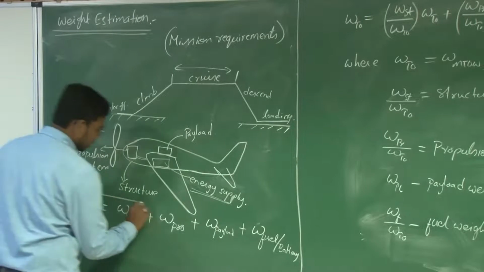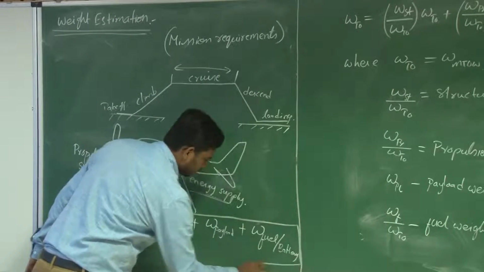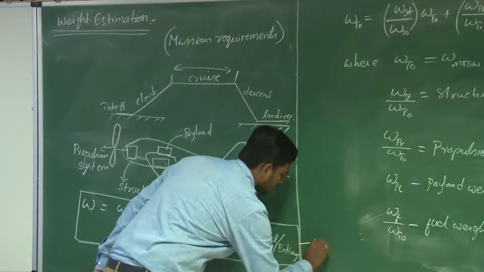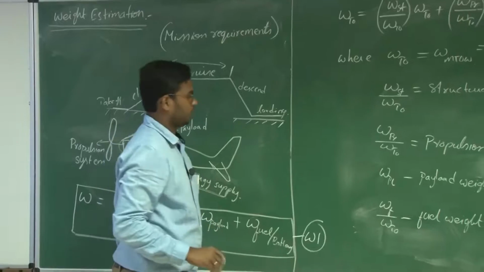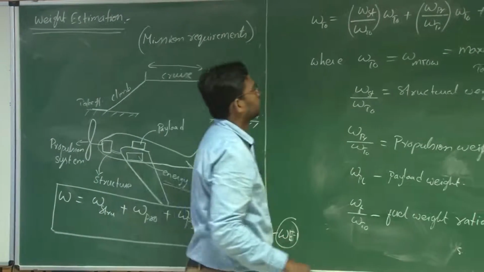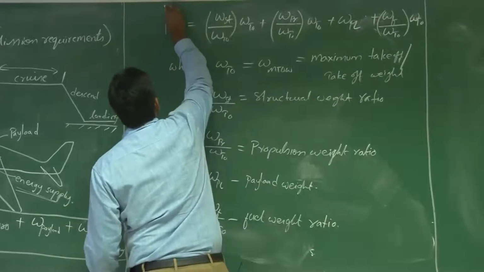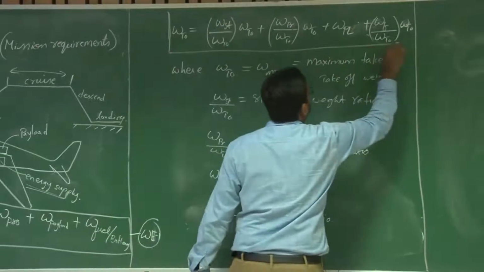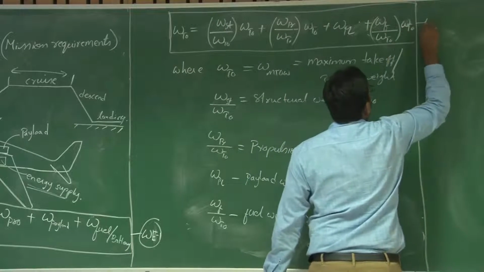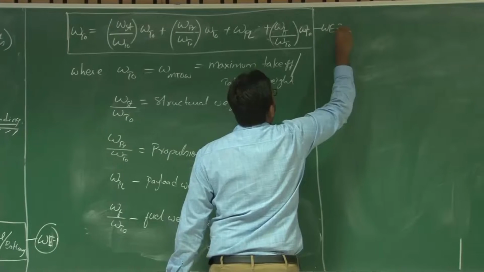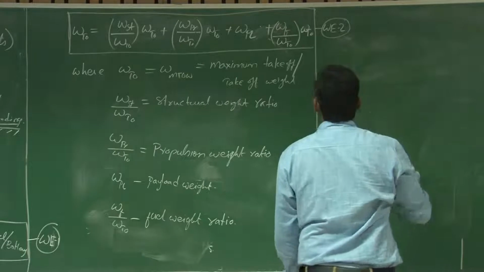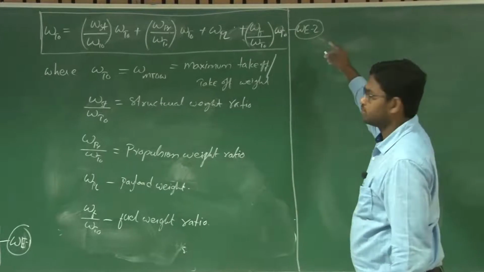So let us consider this equation as W1. Let this be weight estimation 1, WE1. This as WE2. Now let us rewrite this WE2.